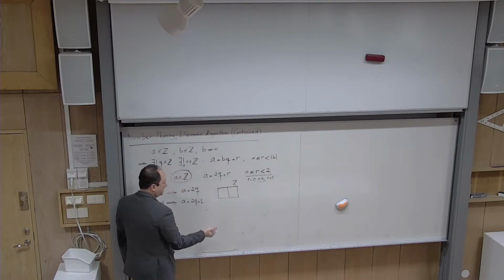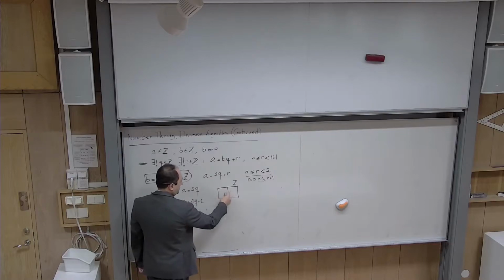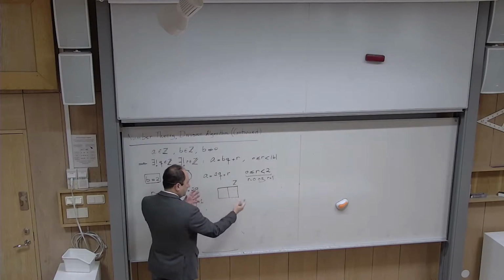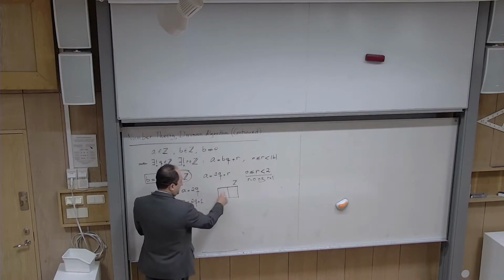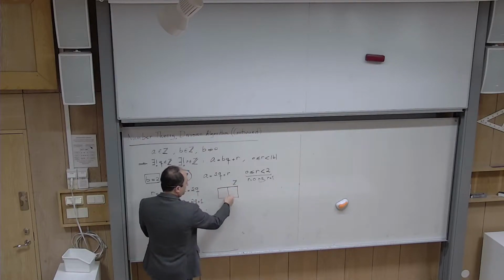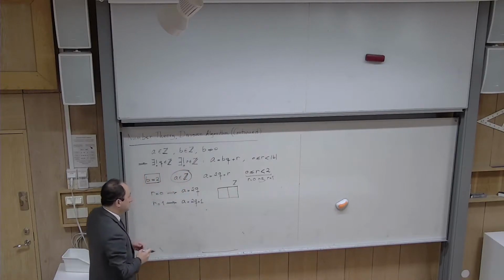So when you say I partition a set into subsets, it means that I divide the set into 2 groups or some number of groups, where each group is not empty, the union of them is the whole set, and there is no intersection, nothing in common between these parts.